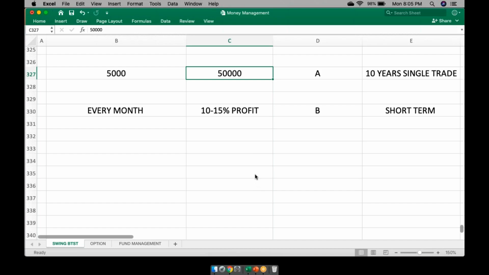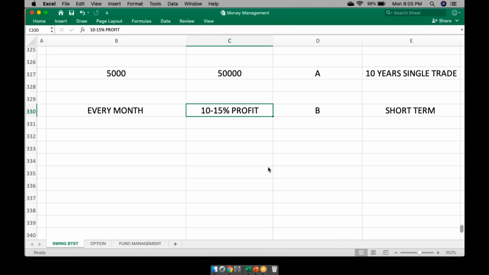Okay, so let's be a very normal trader. Let's be a very ordinary trader, with this kind of traders or investors. This is far sufficient. Let's follow the thing which is easily possible.